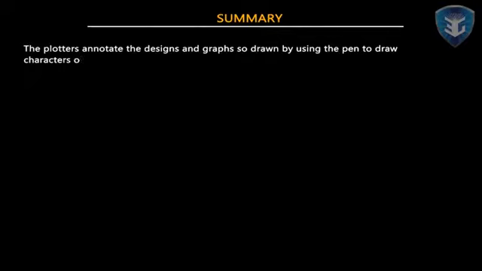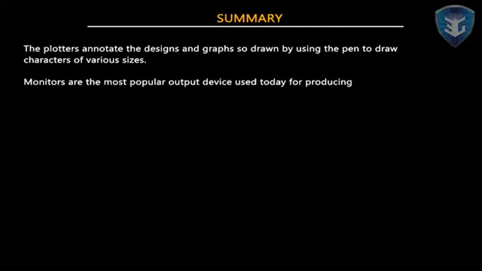Now in the end, let us summarize what we have learned in this lecture. The plotters annotate the designs and graphs so drawn by using the pen to draw characters of various sizes. Monitors are the most popular output device used today for producing soft copy output.